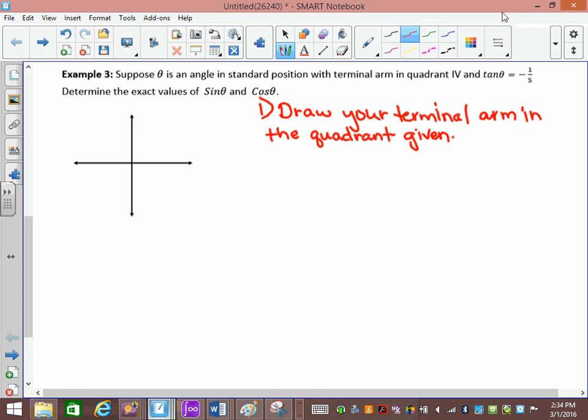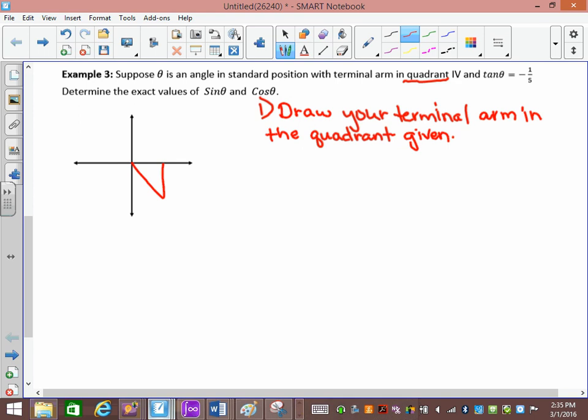Right, what I wrote down. Okay. So the quadrant that it gave us was quadrant 4. So we're going to go to quadrant 4 and we're going to draw ourselves a terminal arm.